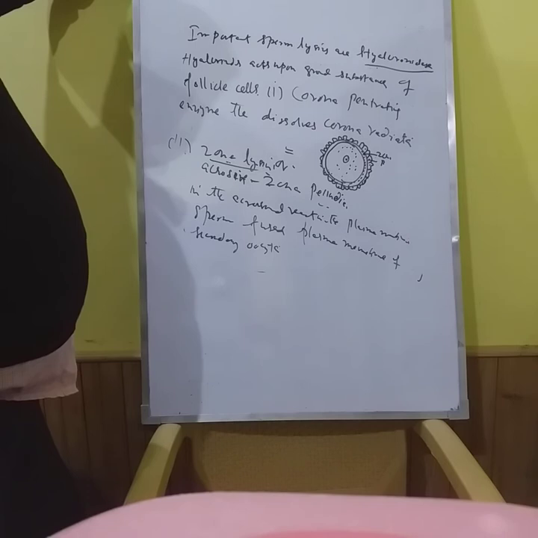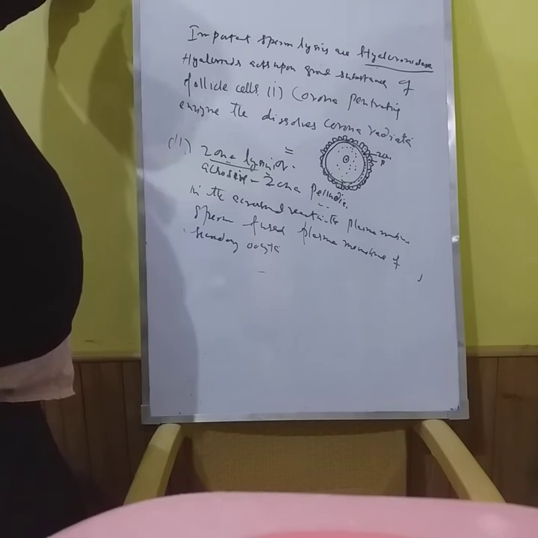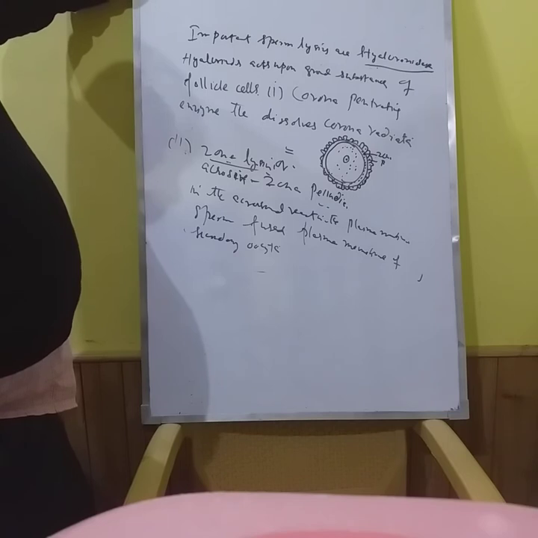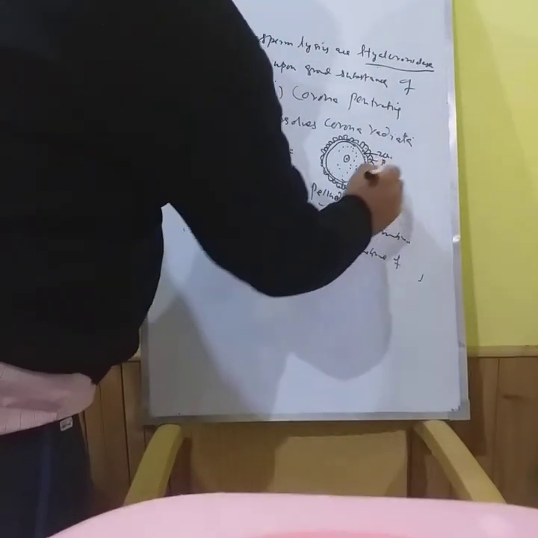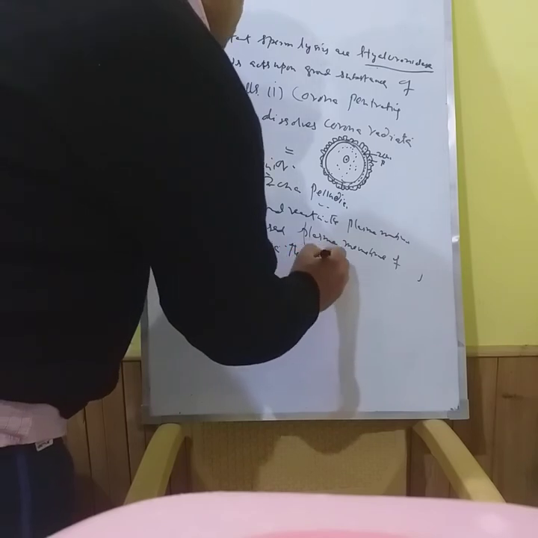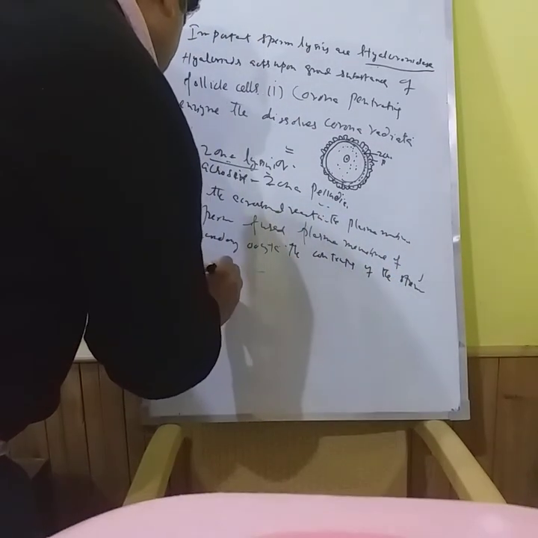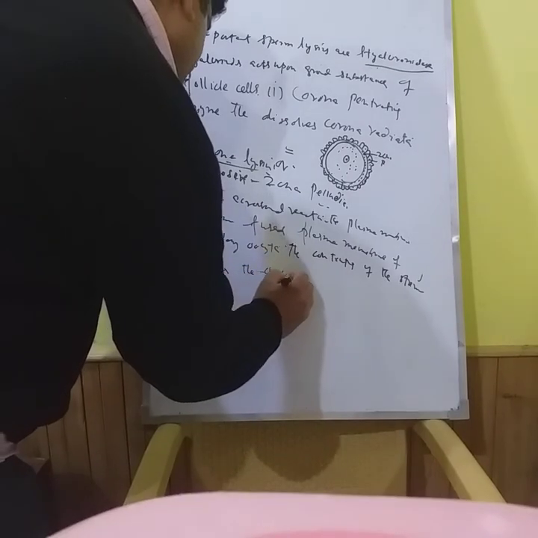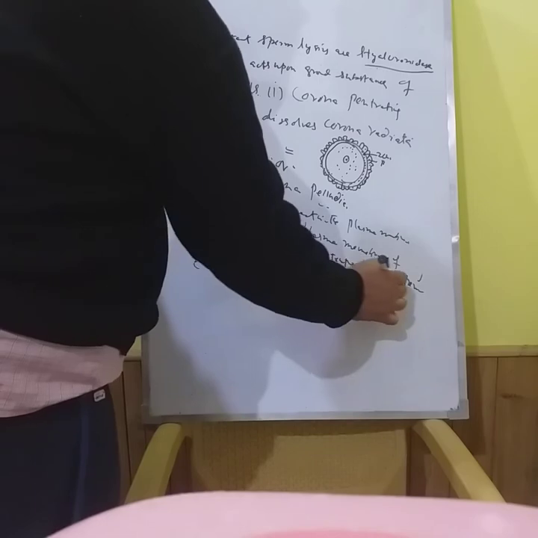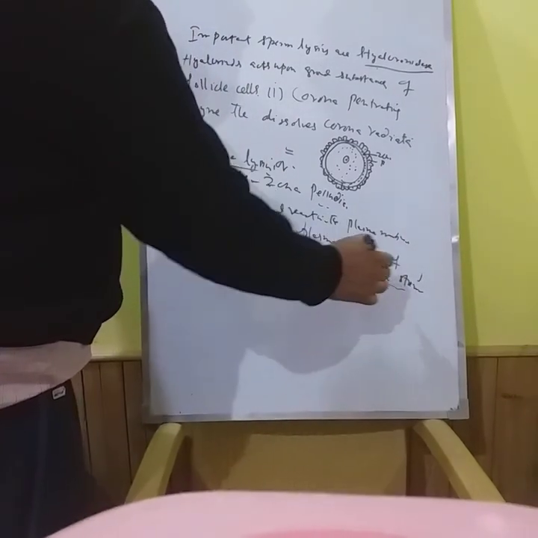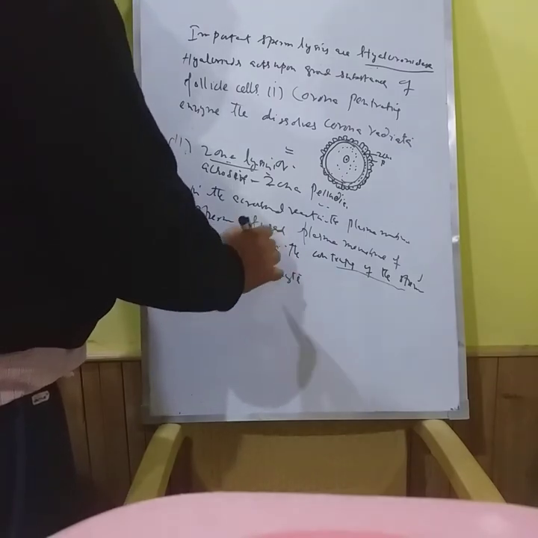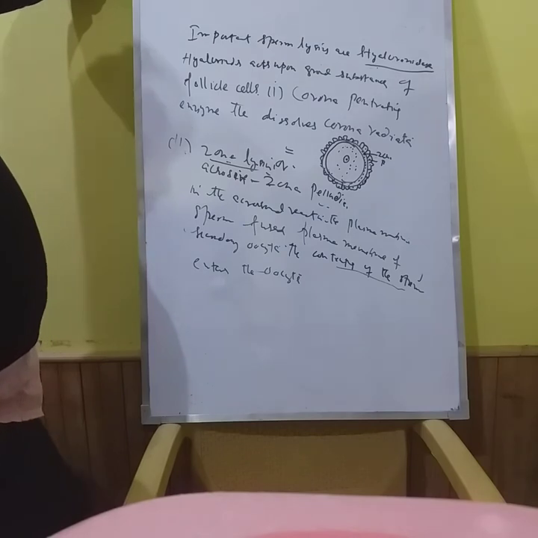Here in this acrosomal reaction, the plasma membrane of the sperm fuses with the plasma membrane of the secondary oocyte, so that the contents of the sperm enter the oocyte.